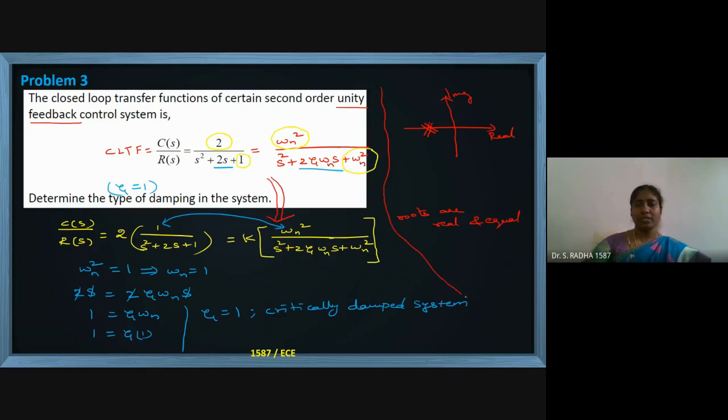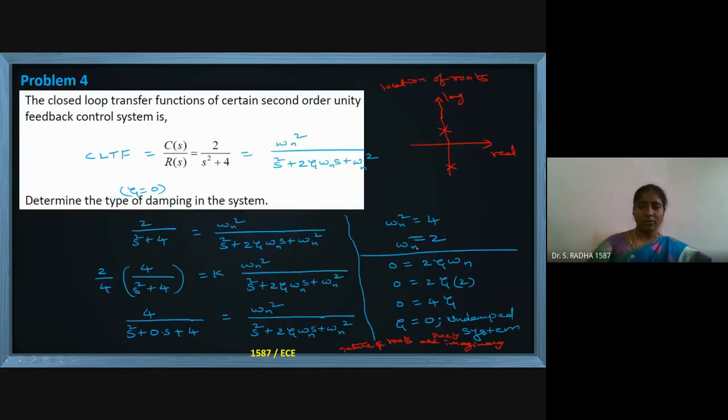They are just asking about damping only. These are additional things we are just analyzing: the location of the roots and the nature of the roots.